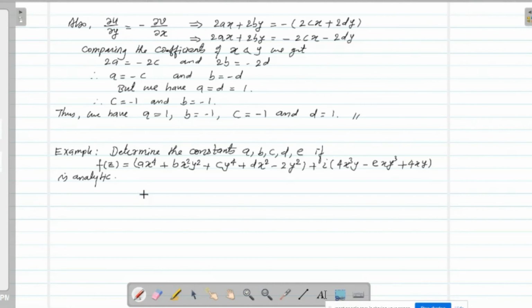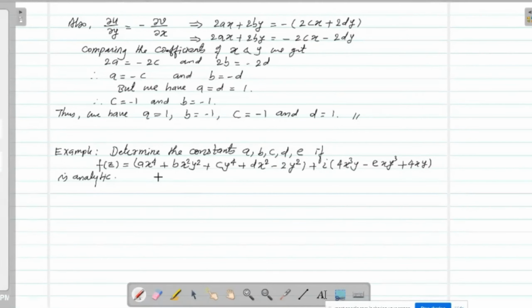So what do I have to do in this case? The same things you have to do over here. The given function f of z is an analytic function, so it must satisfy the CR equations. There are two CR equations: dou u by dou x equal to dou v by dou y, and the second one, dou u by dou y equal to negative of dou v by dou x.